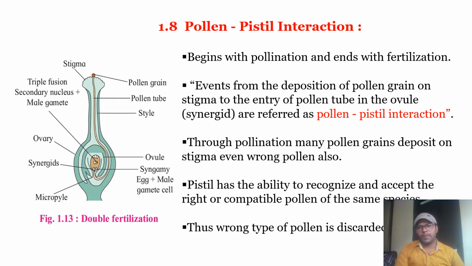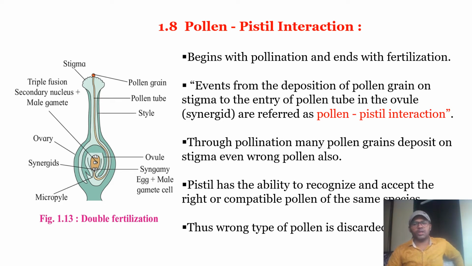After pollination, the dusted pollen grains or received pollen grains on stigma will get germinated. That is, they will form pollen tube, and there are chances of deposition of wrong pollen grains. Means they may be from other plant, they may be from another different species belonging to same plant.